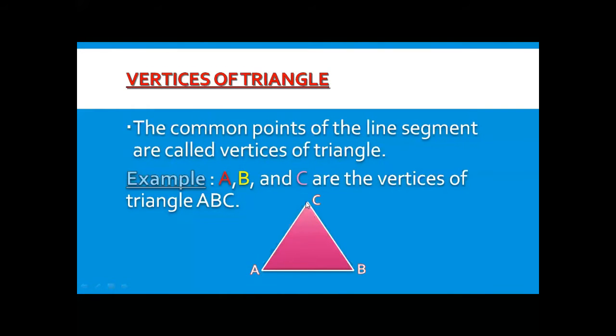The corner of any triangle. This is the corner of the triangle. This is the corner of the triangle. And this is the corner of the triangle. So how many corners are there in each triangle? There are three vertices in each triangle: A, B and C. All these A, B and C represent the three vertices of the triangle.